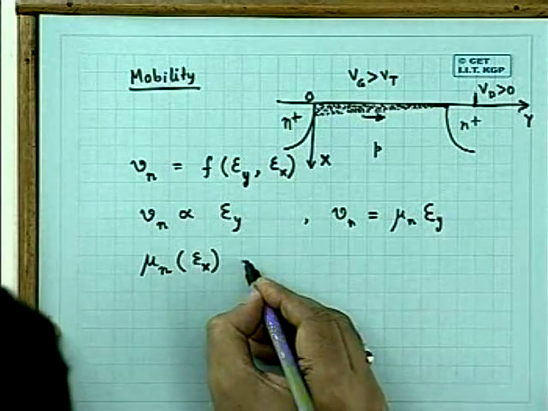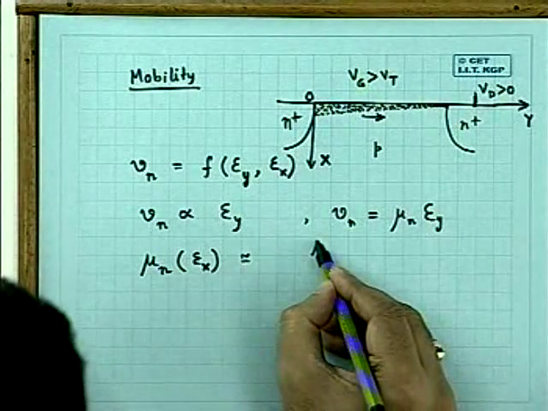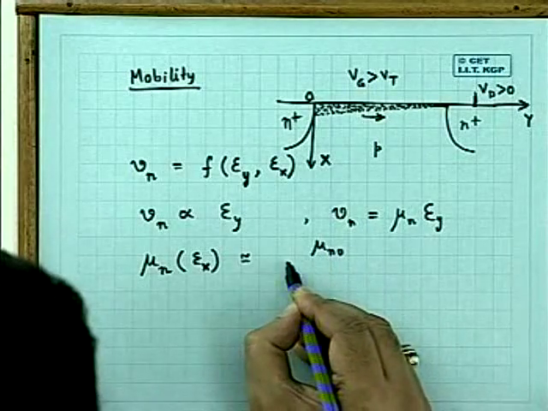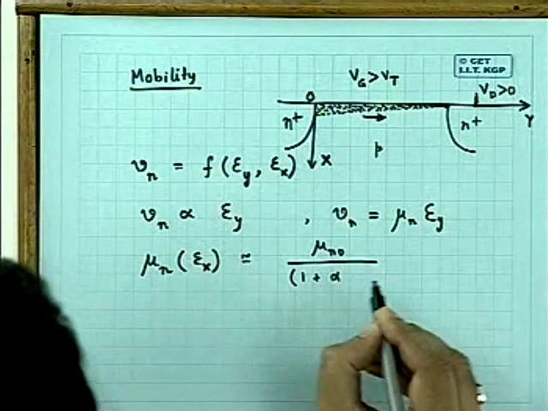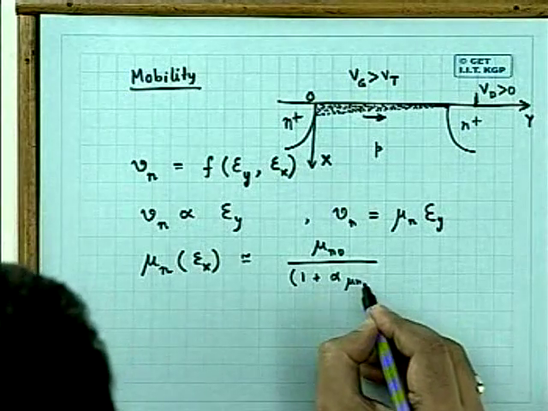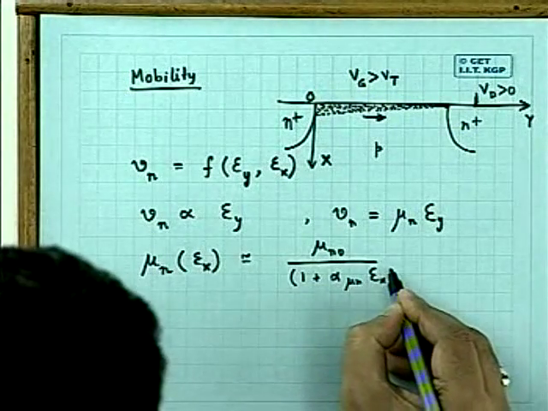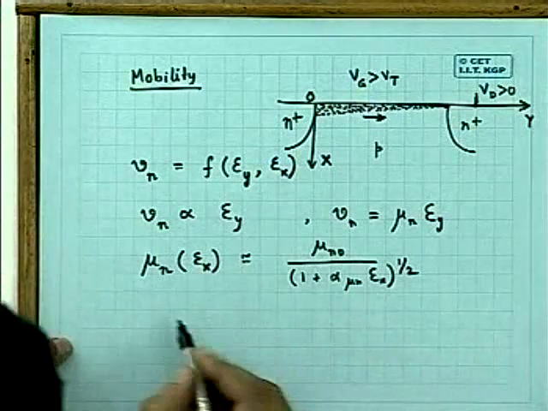and it can be simplistically modeled as something like mu n0 divided by 1 plus alpha mu n Ex to the power half.